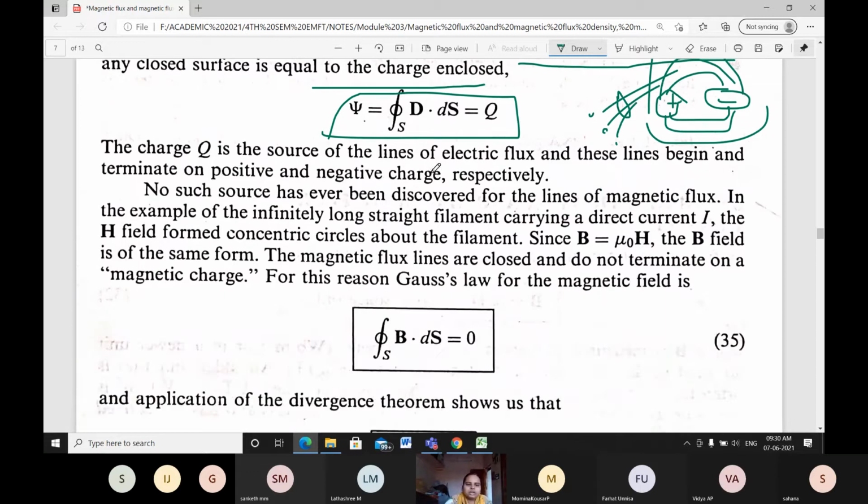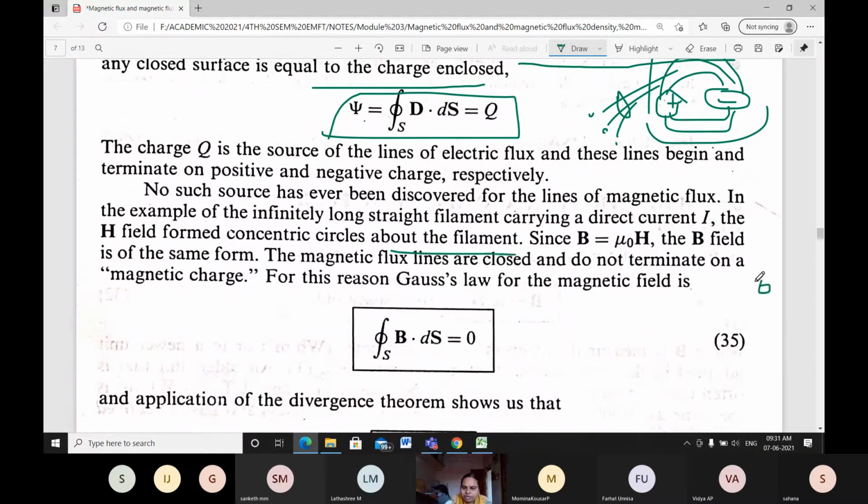Now, such a source has never been discovered for lines of magnetic flux, meaning we have still not discovered that part. For example, take an infinitely long straight filament, like your wire cable, carrying the direct current I. The magnetic field intensity H forms concentric circles about the filament.